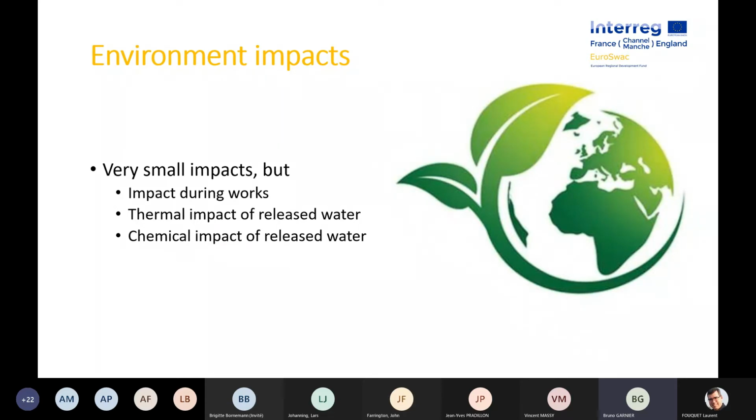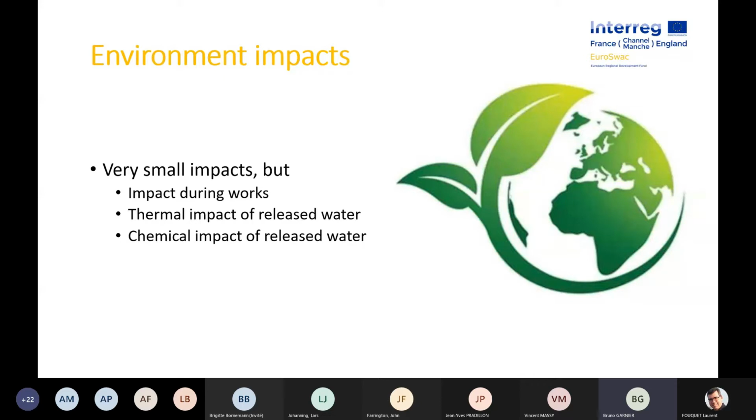We reduce as much as possible the size of this impact, and when it's not possible to avoid this impact, we use environmental procedures so that the impacts do not affect too much the marine beings.